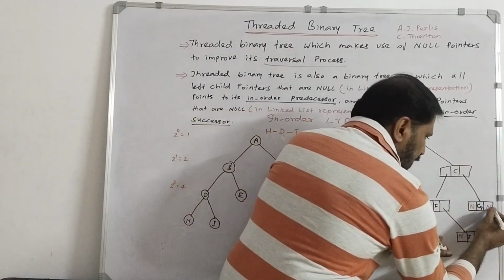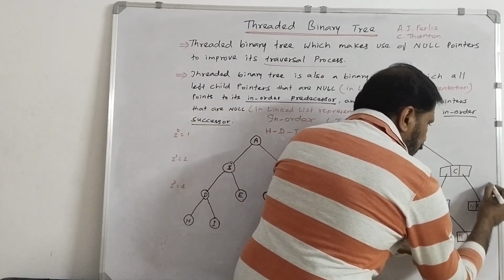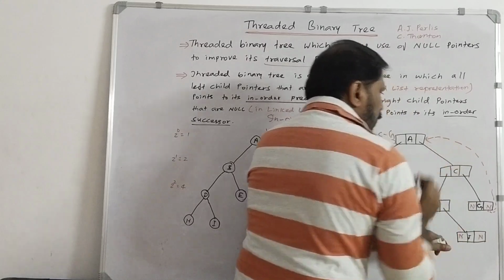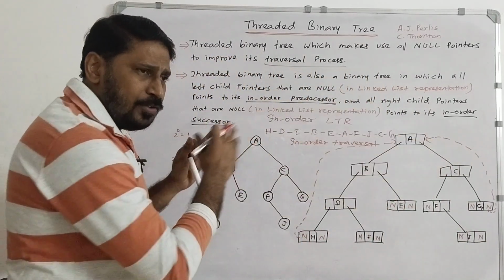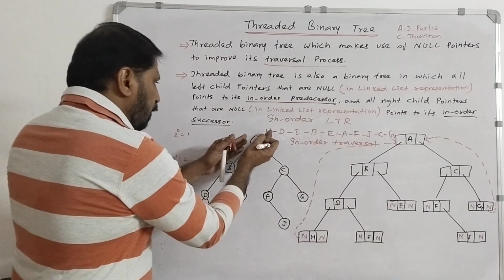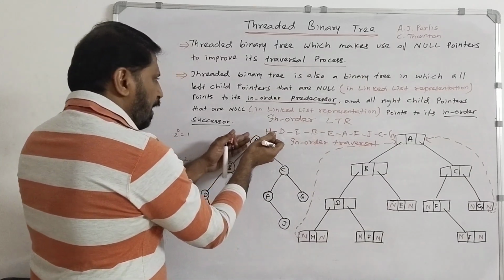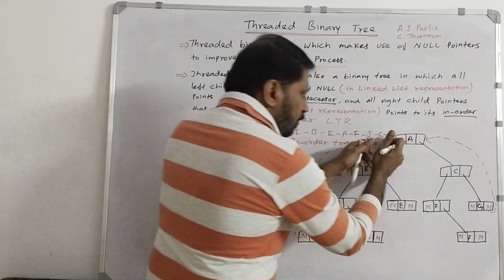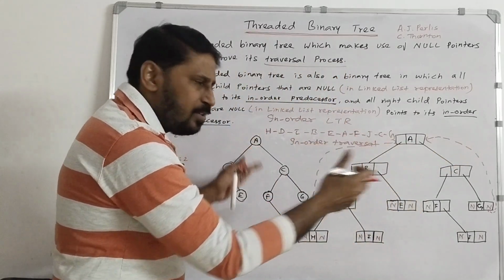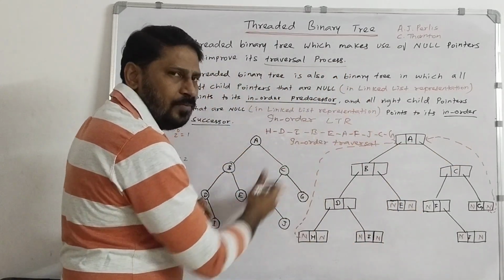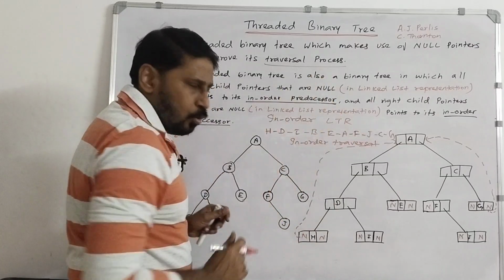So that's why G is also connected to the root. Is the point clear? Of the terminal nodes on both sides, H is not having any in order predecessor, and G is not having any in order successor. In those special cases, we are connecting those links to the root.